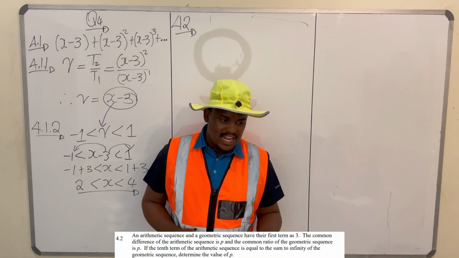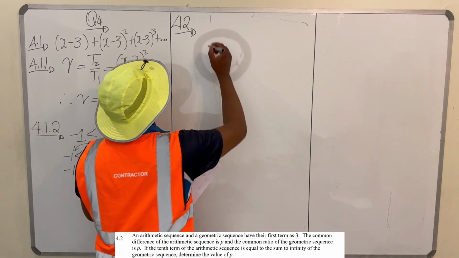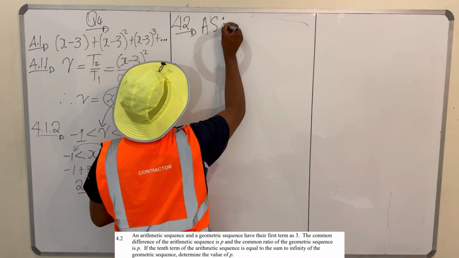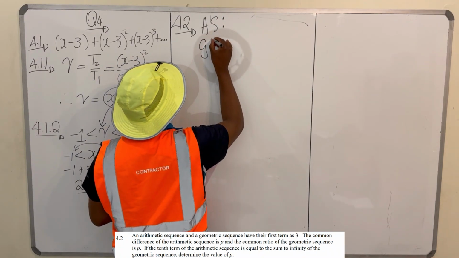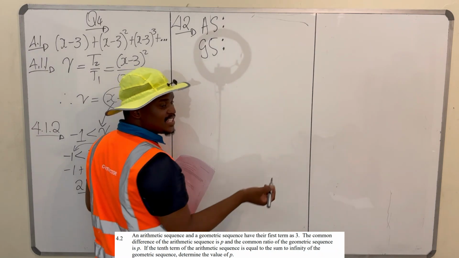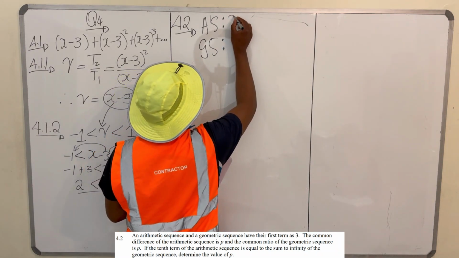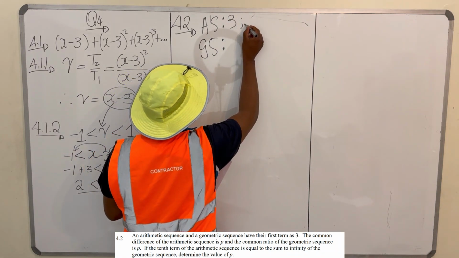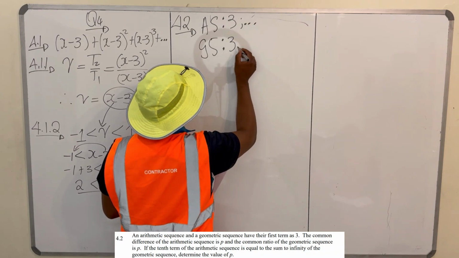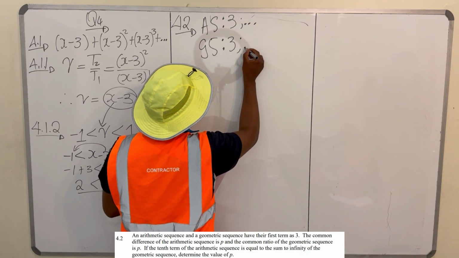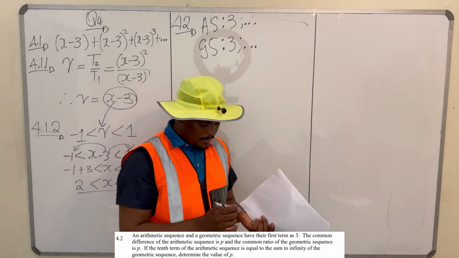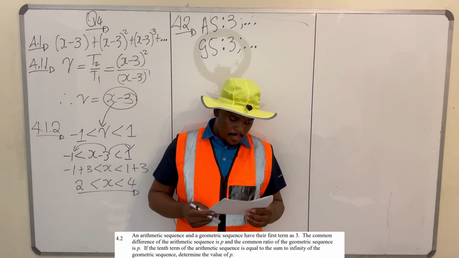As 3. So you have the first term is 3 here, right? Yes. Then 3 here as well. No problem. What else are they saying?